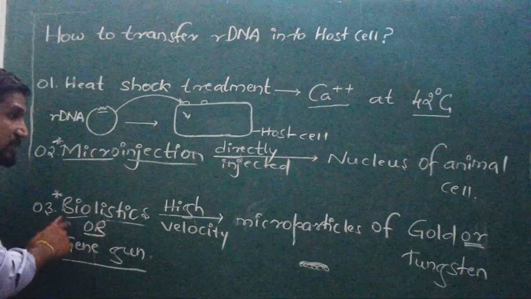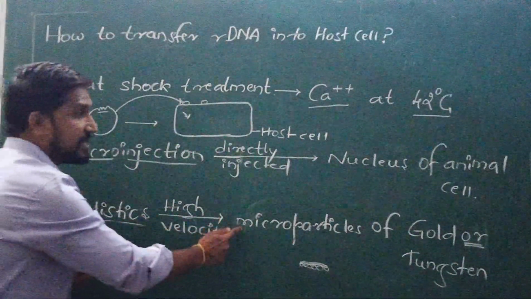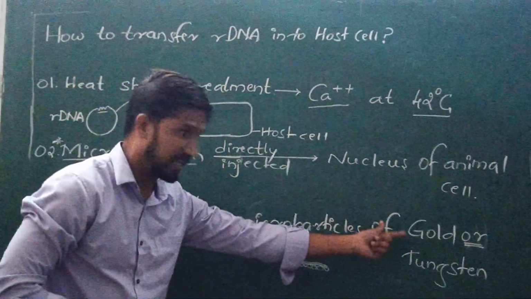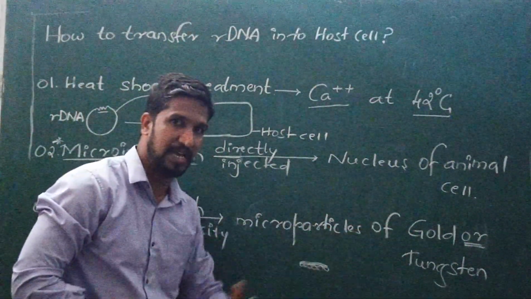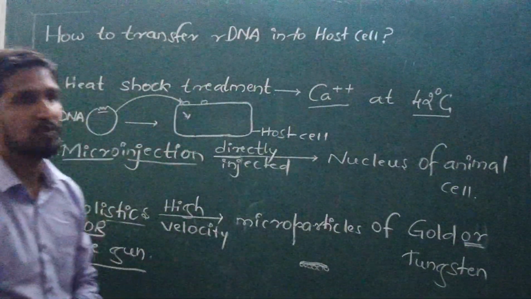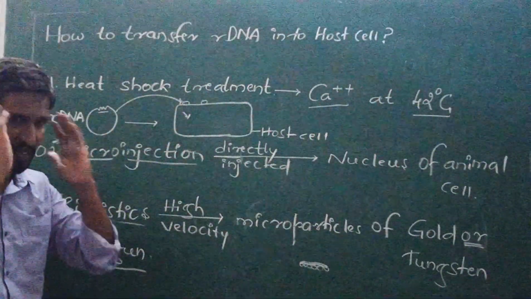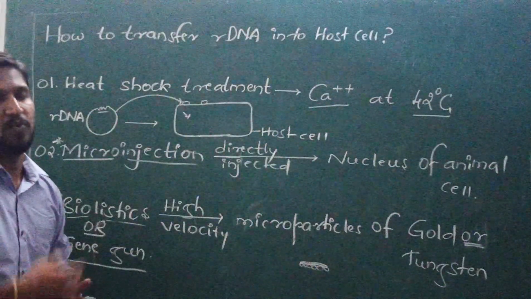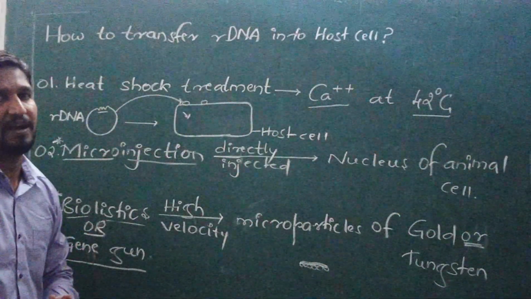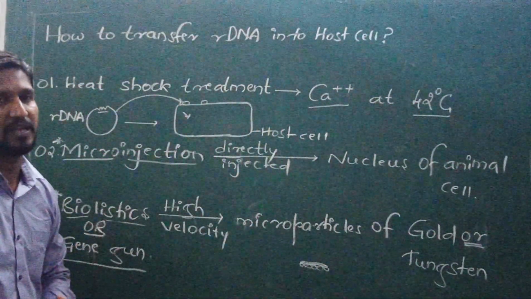And in biolistics, which microparticles are used, gold or tungsten will be the answer. So in this way the questions will be asked. The student must think what kind of questions can appear in your final examination.